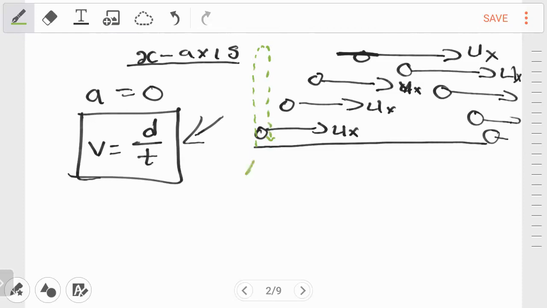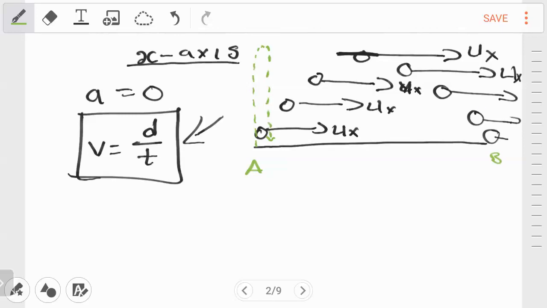If this is point A, it doesn't strike point A. Because of the presence of that velocity in the horizontal, the projectile strikes the ground at point B. In other words, while it was going up and coming down, it was actually moving in the horizontal as well.